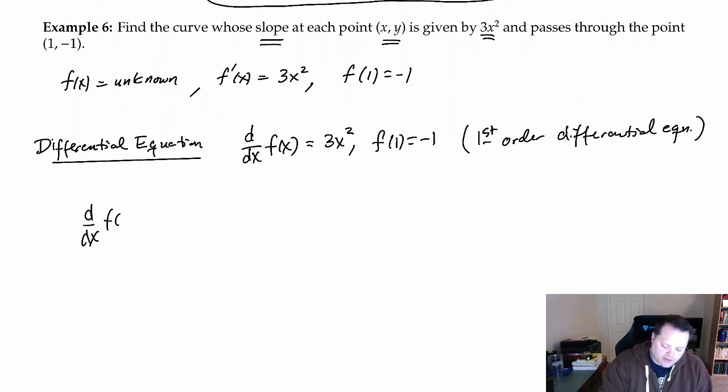So if I have the equation given to me like so, give myself some room here. Then what you do to solve this is take the antiderivative of both sides of the equation.